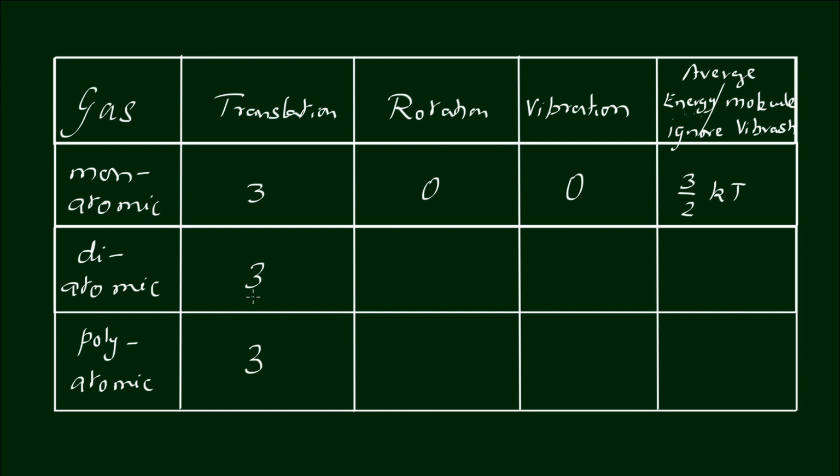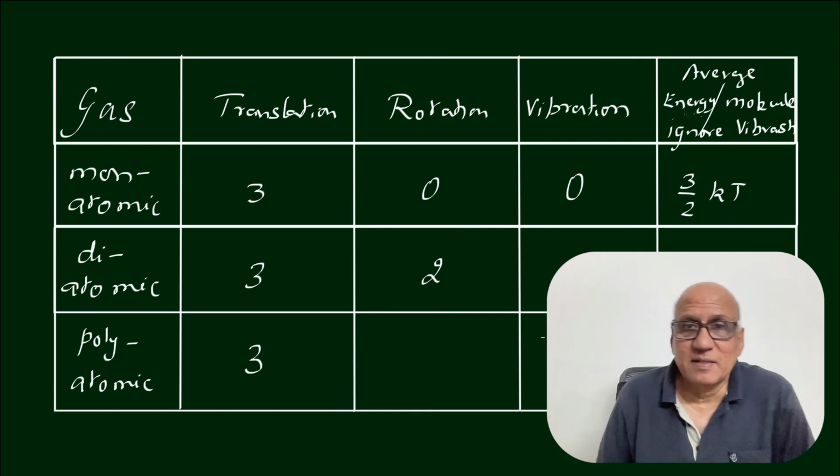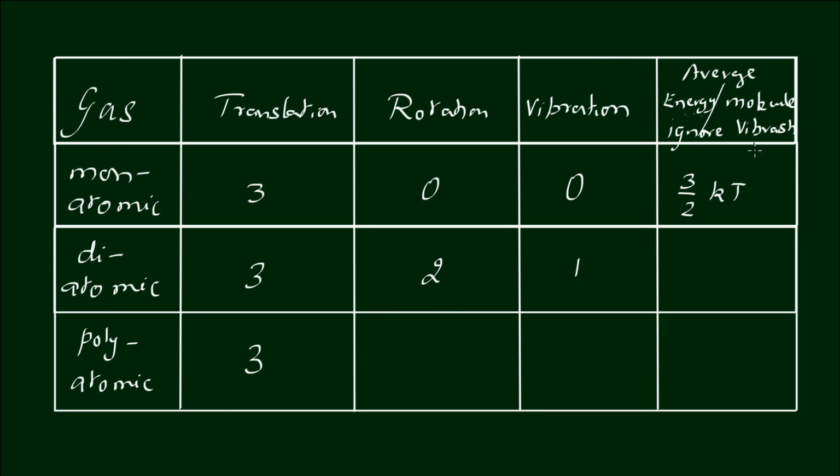Now for diatomic gases, we have 2 rotational degrees of freedom and 1 vibrational degree of freedom. It can vibrate like this. Now, let's ignore vibration for now. I'll tell you why. If I ignore vibration for now, I get 3 plus 2, 5. So 5 times half kT, it is 5 by 2 kT, is the amount of kinetic energy there is in translation plus rotation per molecule of, let's say, oxygen or nitrogen or hydrogen.